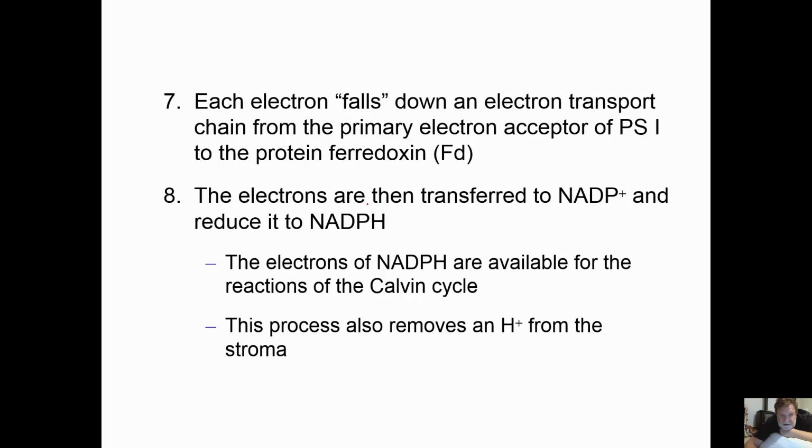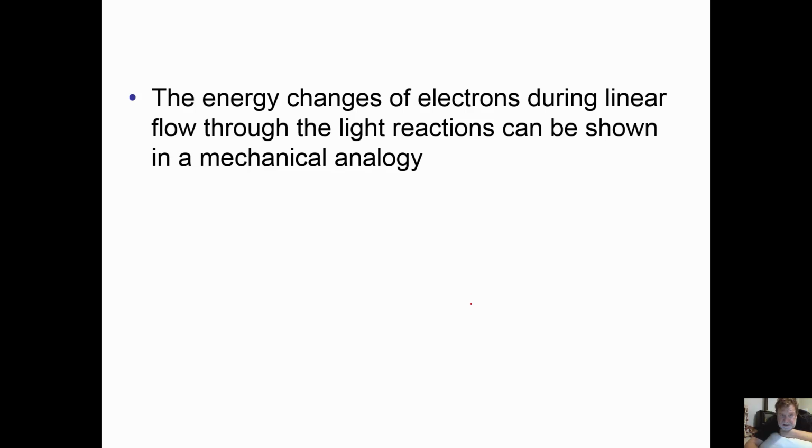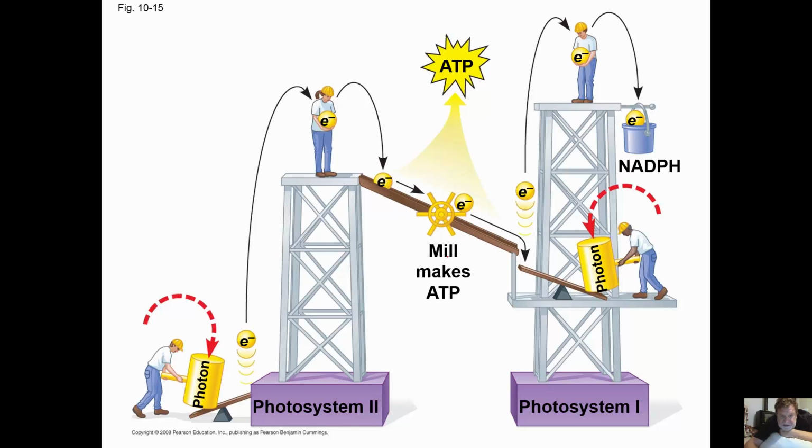Each electron falls down an electron transport chain from the primary electron acceptor of PS1 to the protein ferredoxin. The electrons are then transferred to NADP+ and reduced to NADPH. The electrons of NADPH are available for reactions in the Calvin cycle, and this process also removes hydrogen from the stroma.